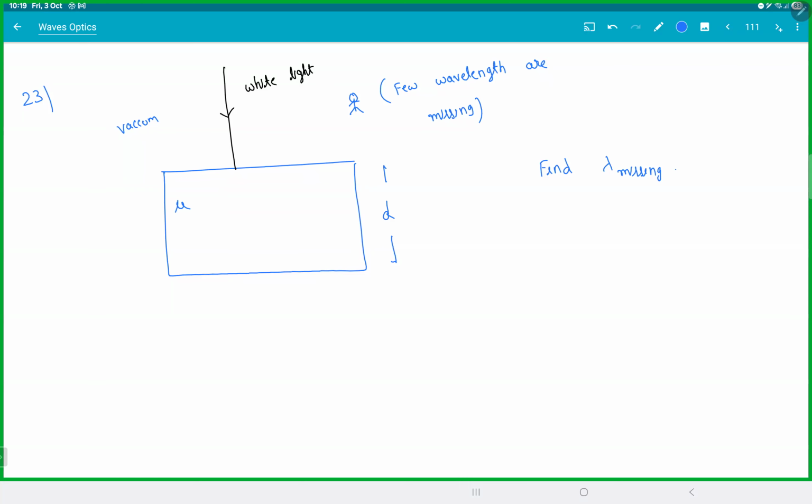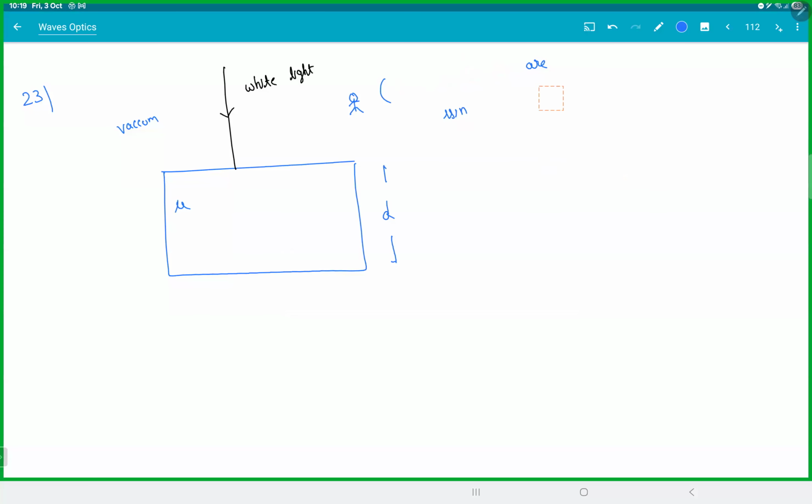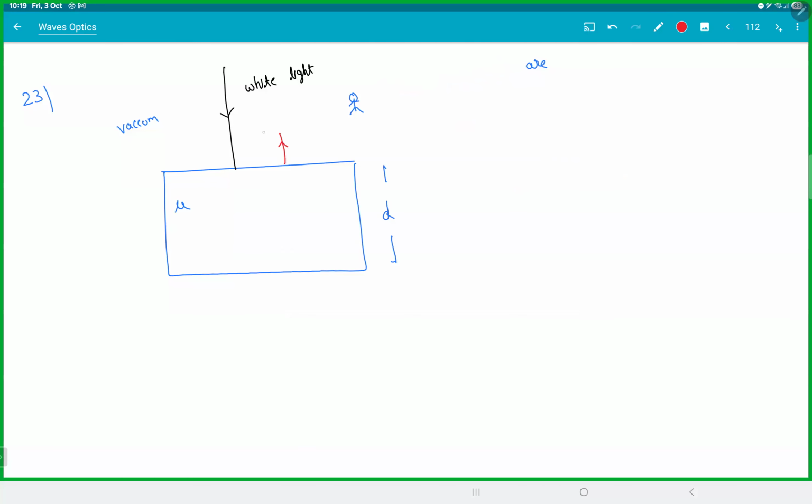This is easy. This is a standard one. So this will be delta x lambda by 2. This is inside the slab. So this is ray 2. So this delta x will be 2 mu d.